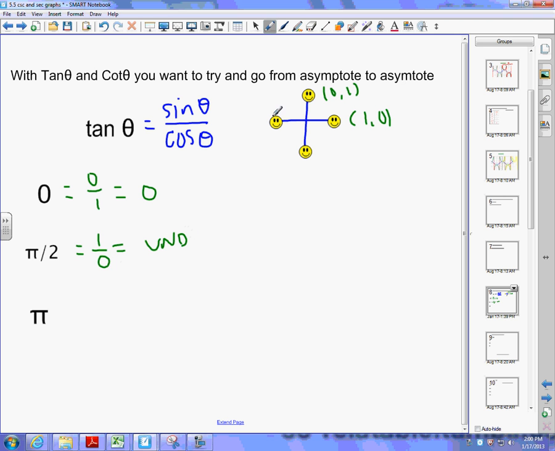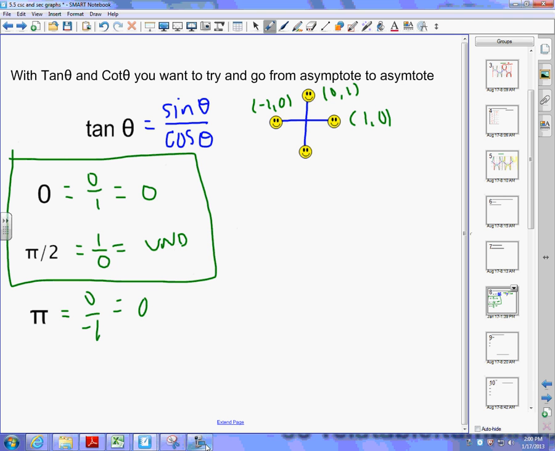And then you come over to pi over here. -1, 0, and we know the sine is going to be 0, cosine -1, this comes out as 0. So I said you want to try and go from asymptote to asymptote. So in this case, we're crossing an asymptote. So let's take these two things right here and try and find some better points with them as well.